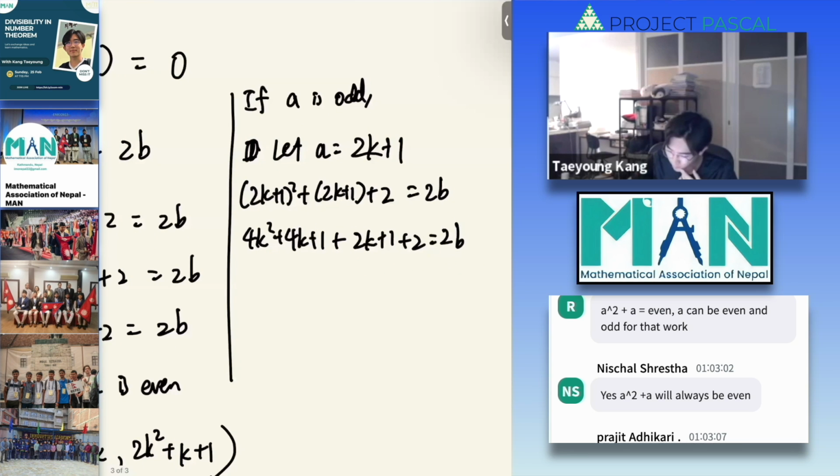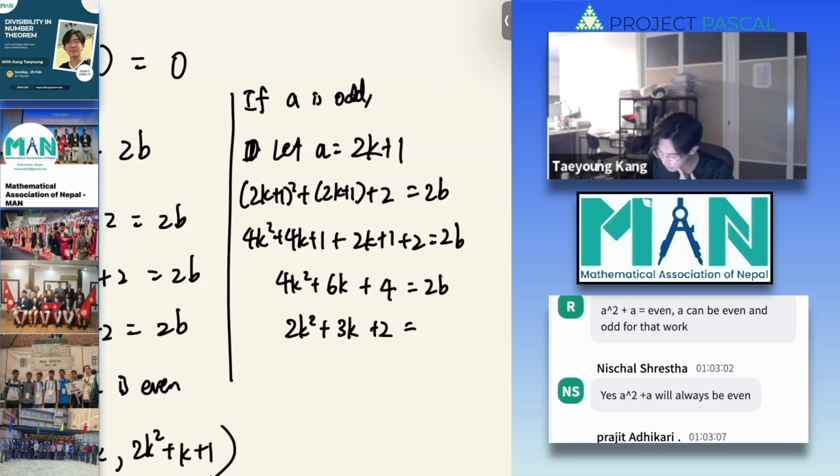Then we have 4k squared plus 6k plus 4 equals 2b. Then we have 2k squared plus 3k plus 2 equals b.